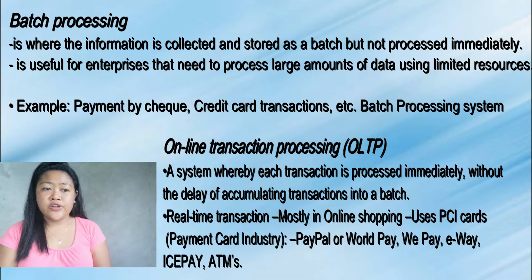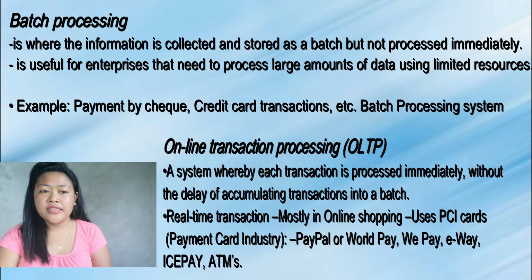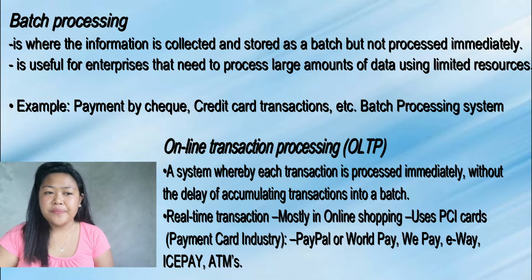It is useful for enterprises that need to process large amounts of data using limited resources. Examples of it are payment by check, credit card transactions, and etc. Online transaction processing. A system whereby each transaction is processed immediately without the delay of accumulating transactions into a batch.